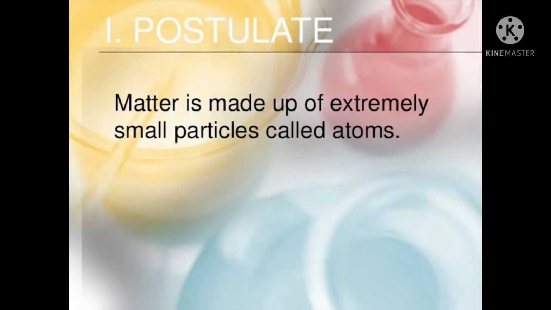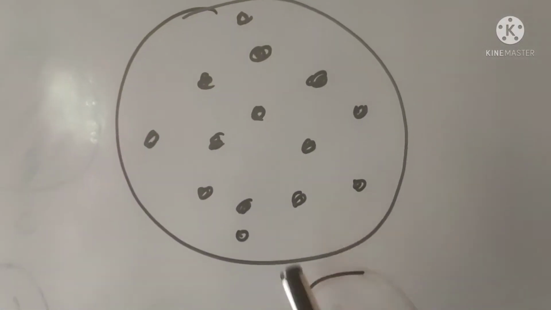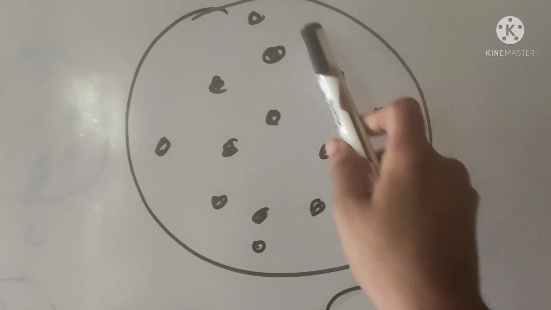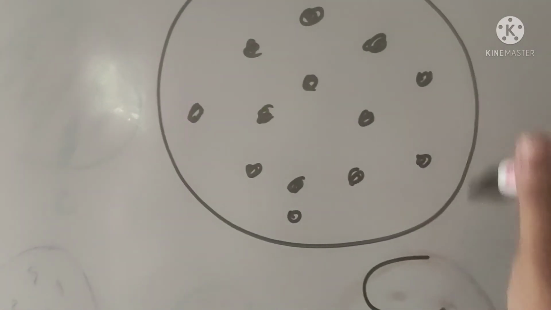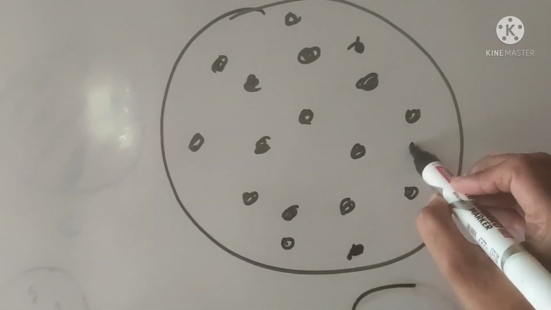The first postulate is that matter is made up of extremely small particles called atoms, which cannot be divided into simpler units. It is indivisible. Consider an element, carbon, which is made up of extremely small, tiny particles called atoms.